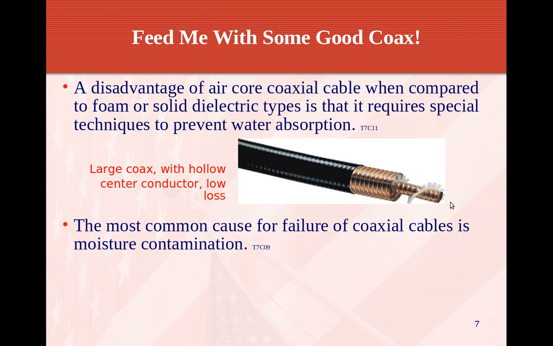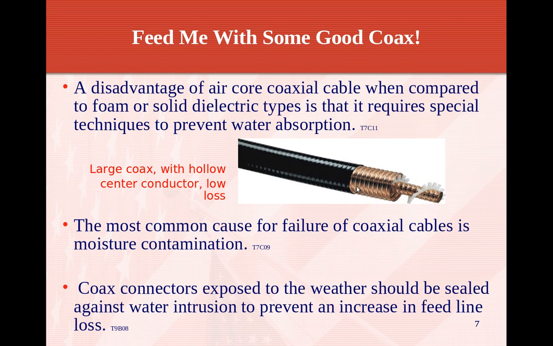It's usually nitrogen that's pumped in here, and it's got to be totally sealed against the elements. I've seen many antenna installations on towers where you get a little leak, and this fills up just like a regular pipe would in your house, and destroys the coax. So a common cause for failure of coax cable is moisture contamination.